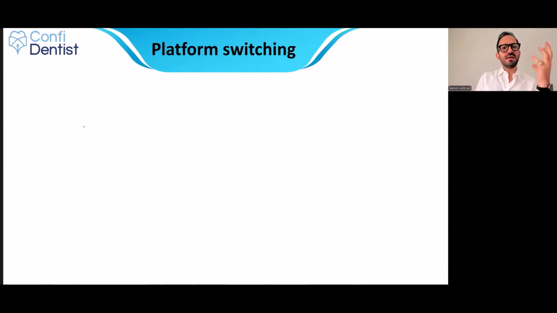Speaking of implant platform, you should be familiar with the concept of platform switching. Platform switching means using a smaller prosthetic implant abutment on a wider diameter implant, so there is a mismatch between the size of the prosthetic abutment and the implant fixture.